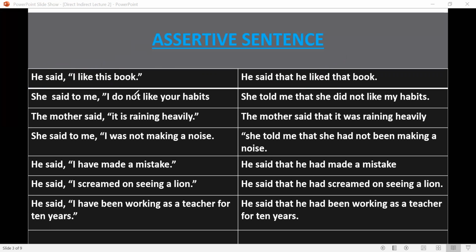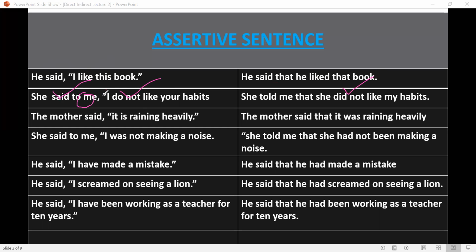Next, he said to me, I do not like your habits. Here we have an object, so we will change this said into told. She told me that she did not like my habits. Do not is present, so it will change into did not.